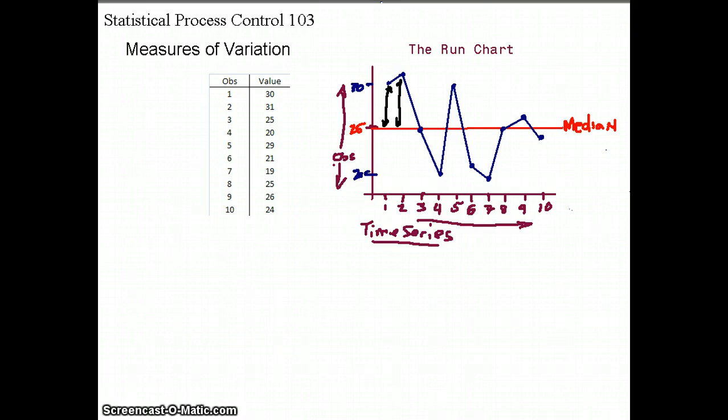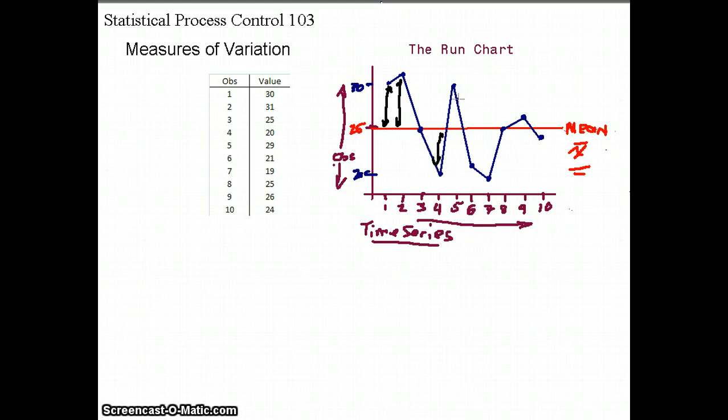And I'm just going to tell you right off the bat that we're going to stop using the median and replace it with our old friend, the mean, otherwise known by its alias, x bar. So what is the degree to which these observations vary from the mean?